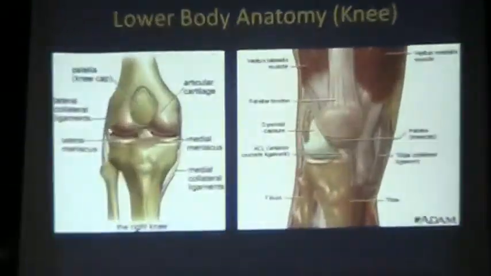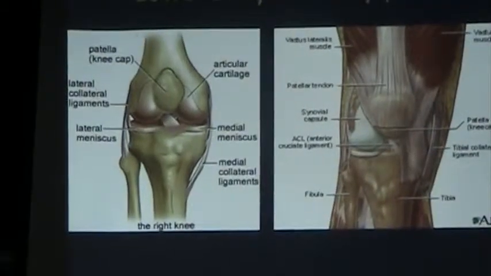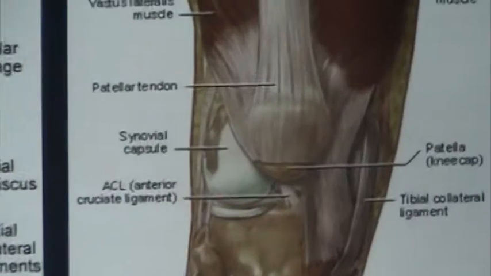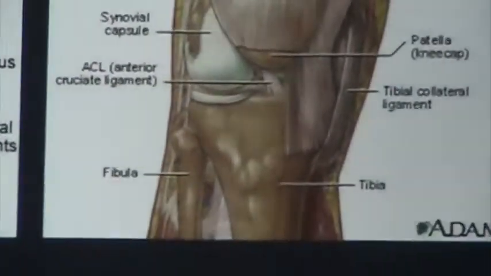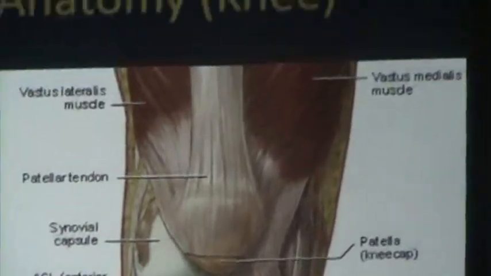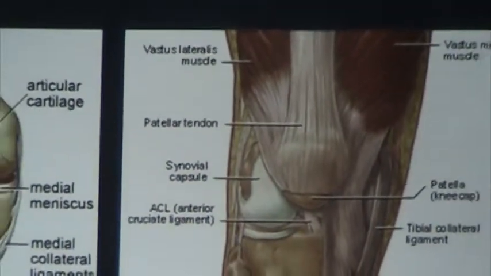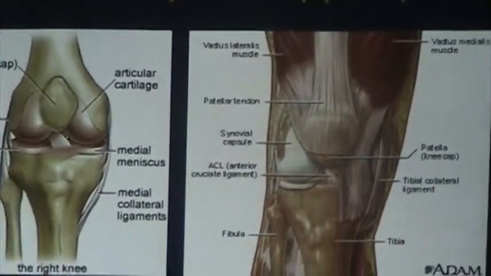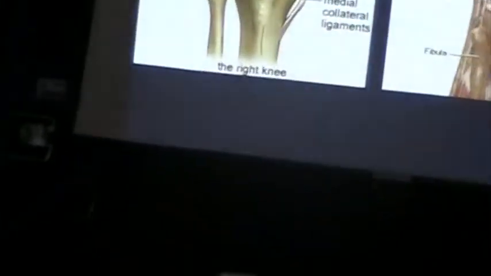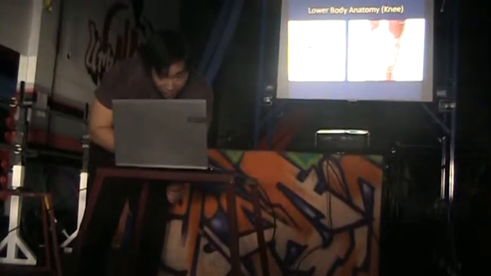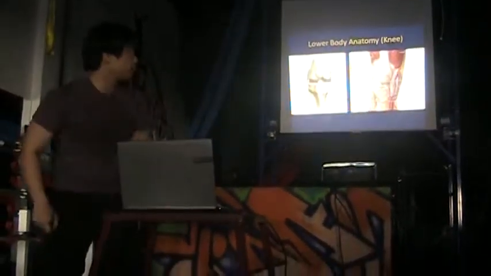The thing that I want to pay the most attention to are the vastus lateralis on the inside and the vastus medialis on the outside, because they are responsible for abduction and adduction of the leg and femoral rotation, so hip rotation, internal or external. This will make more sense later. But pay attention to those 2 muscles, and the hamstrings on the back.